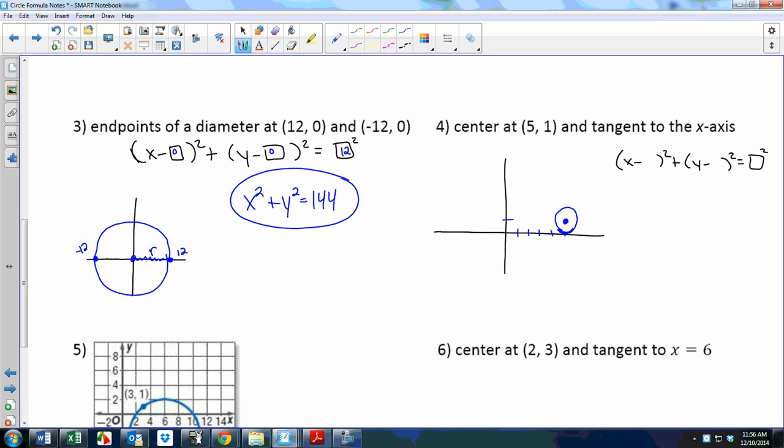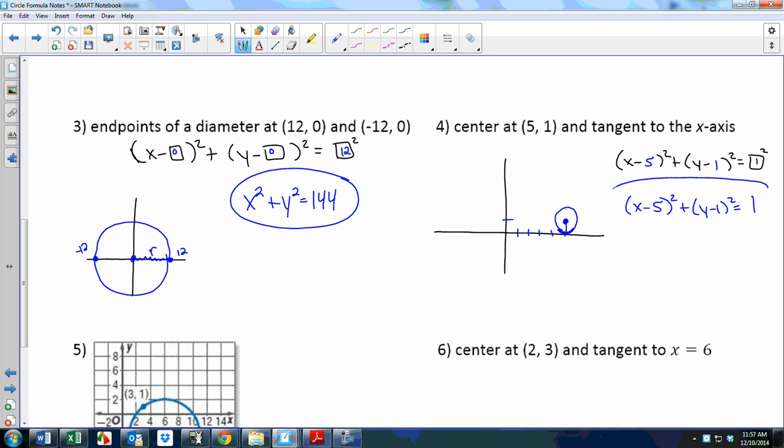We know the center, it's 5, 1. We already knew that. What's the radius? How long is it from the center to the edge of the circle? 1. So your radius, 1, gets squared. And the final answer, the equation of that circle, is x minus 5 squared plus y minus 1 squared equals 1.